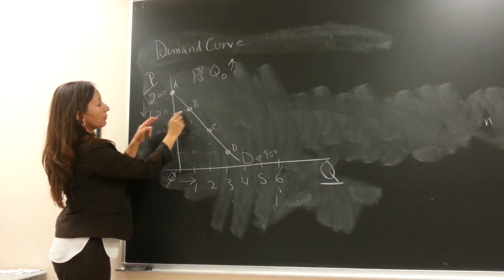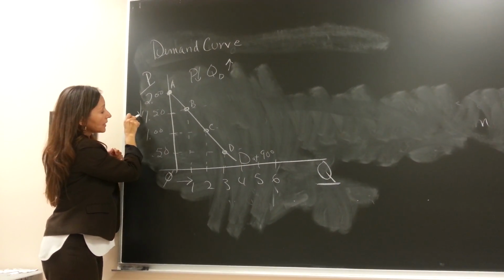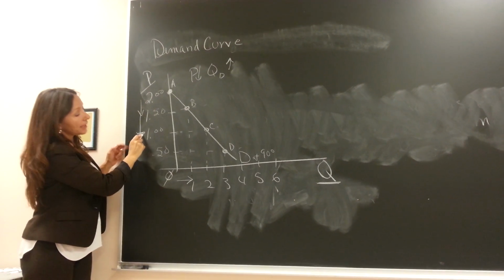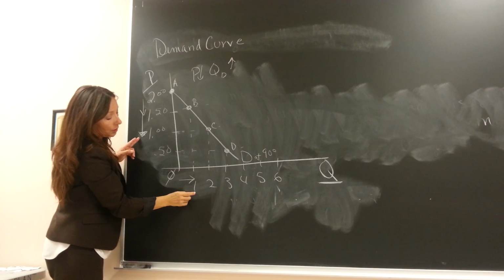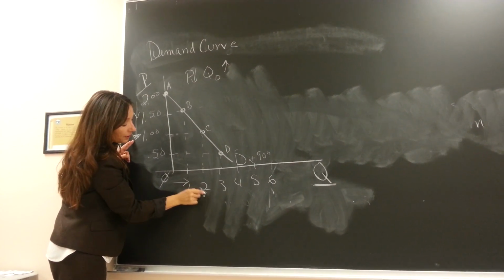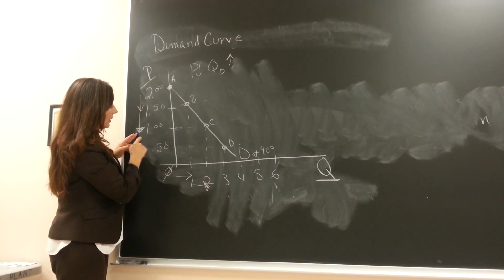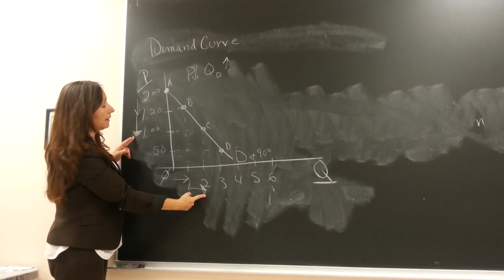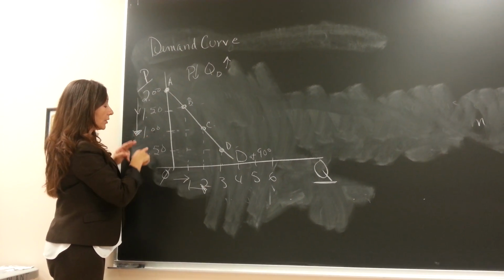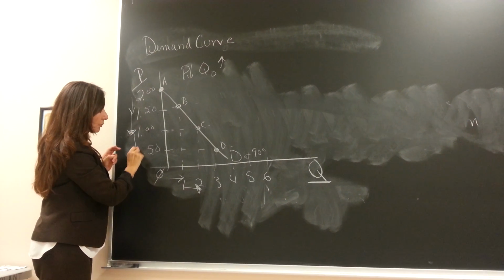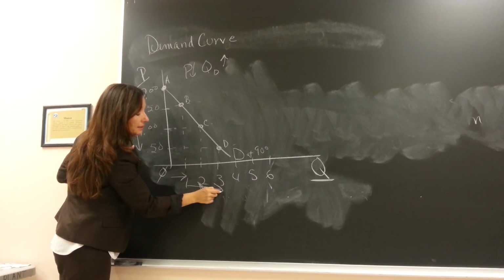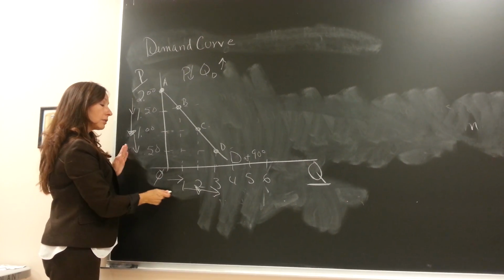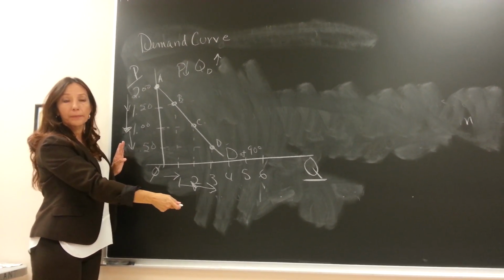If we drop the price again, the quantity demanded is going to increase. Okay? So if price goes down, quantity demanded is going to go up.